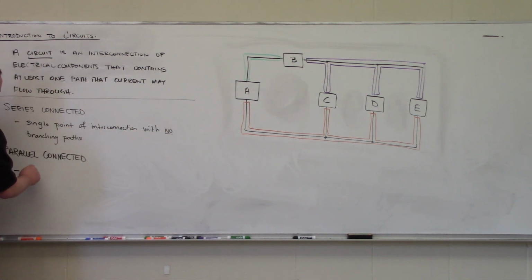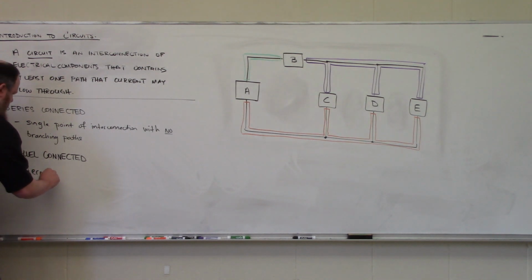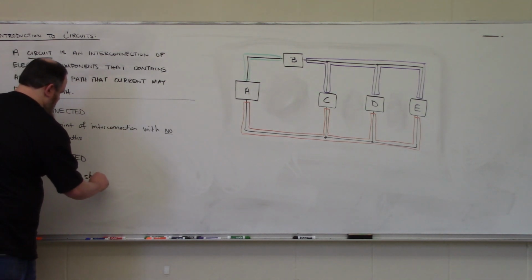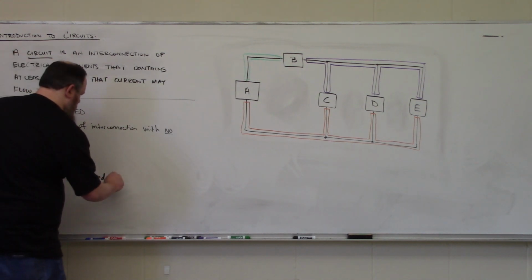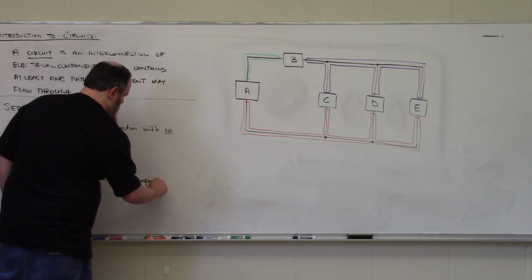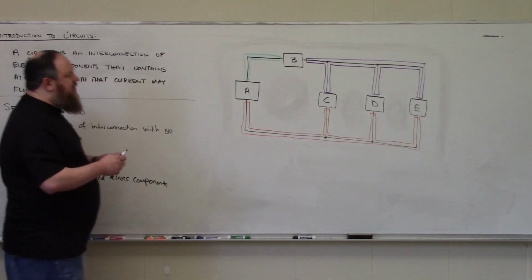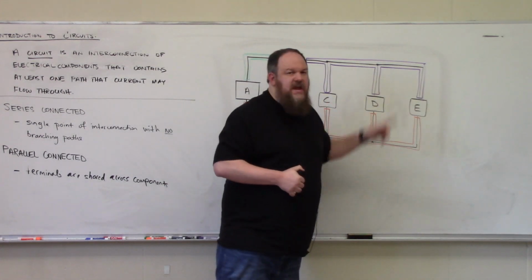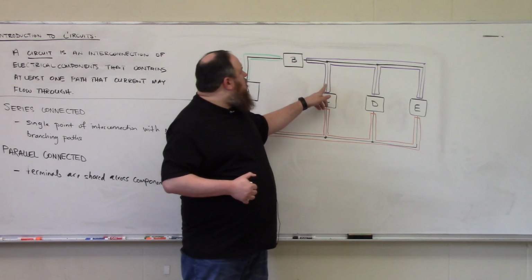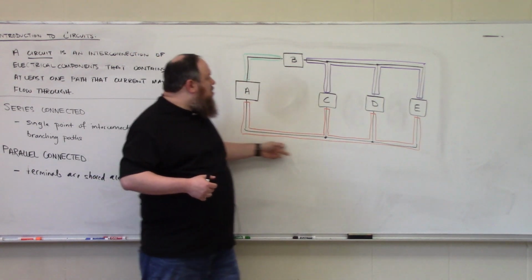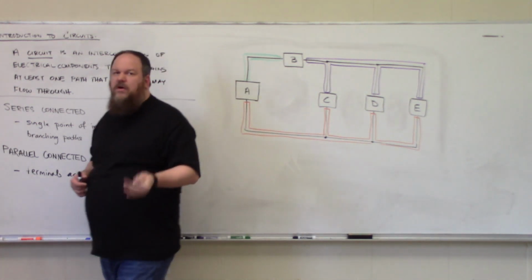So for instance, elements C, D, and E all share this top node in purple, and they all share this bottom node in orange.